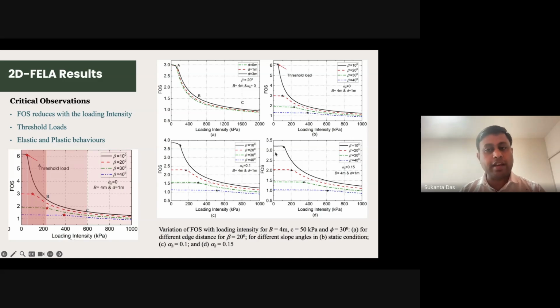So this is fine, it follows a similar trend, but the threshold load is also slightly changing, in some cases for 10 degree, modified again further, moderately changed in 20 degree, and we can see significant change in 30 degree or 40 degree. So these all have some influence on the stability of the existing slope under building loads. Okay.